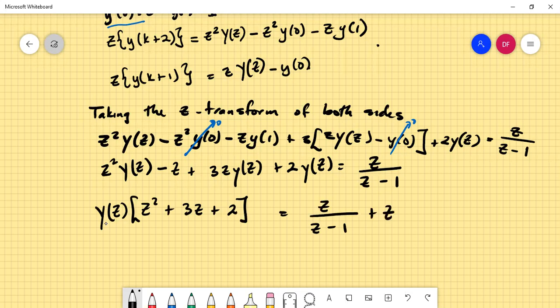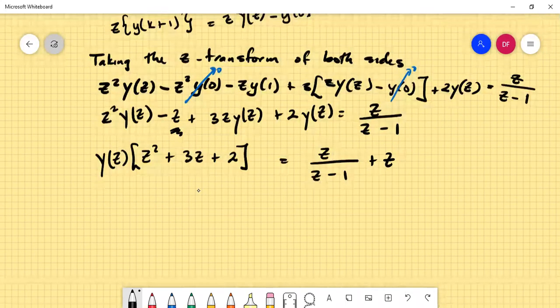Carry this z over to the other side of the equation. So we're going to simplify this side of the equation. The denominator is z minus 1, and the numerator: z times 1 is z, z times z is z squared, z times 1 is z.